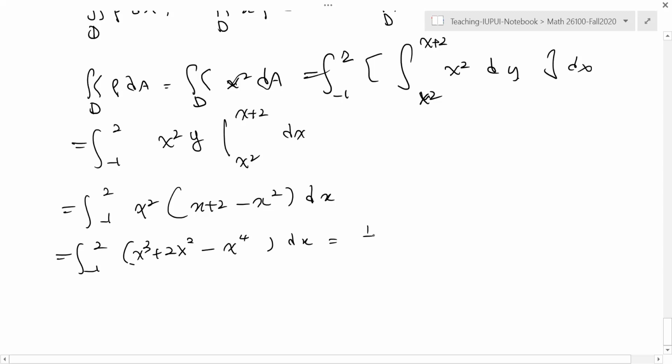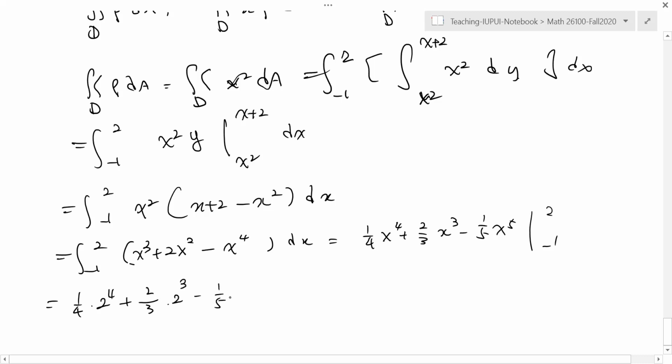Then the antiderivative will be evaluated at the 2 endpoints. So we plug in 2: 2 to the 4th power, 2 cubed, minus 1/5 and 2 to the 5th. Minus, we plug in -1, so it's a quarter, and here's 2/3. Minus becomes plus.